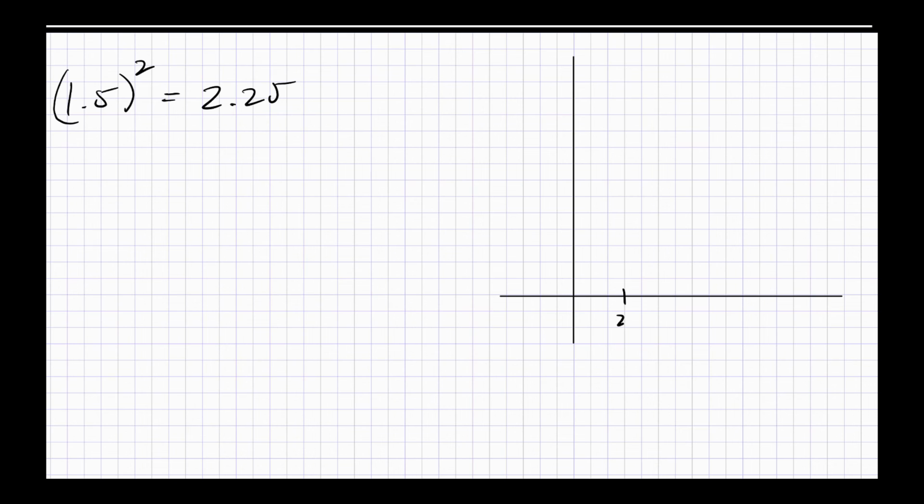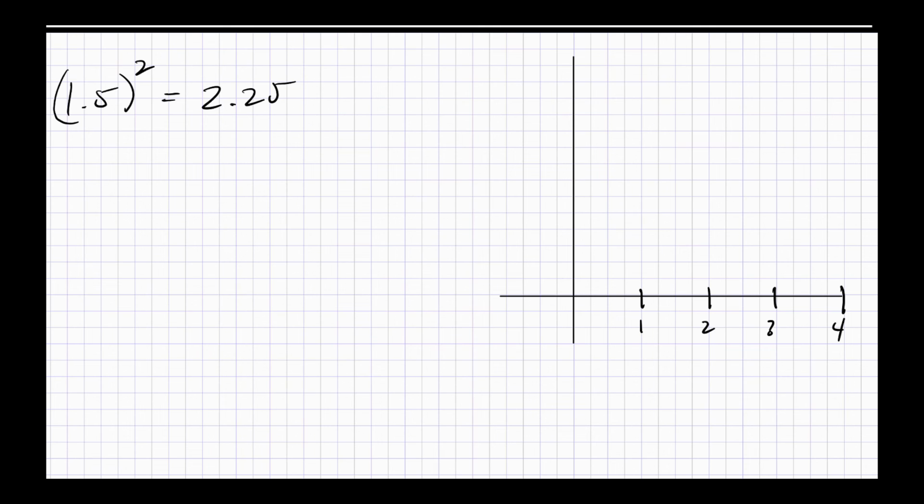So we're looking from 1. 1, 2, 3, 4. So this is 1, this is 2, this is 3, and this is 4, right? So we're going from 1 to 3.5.